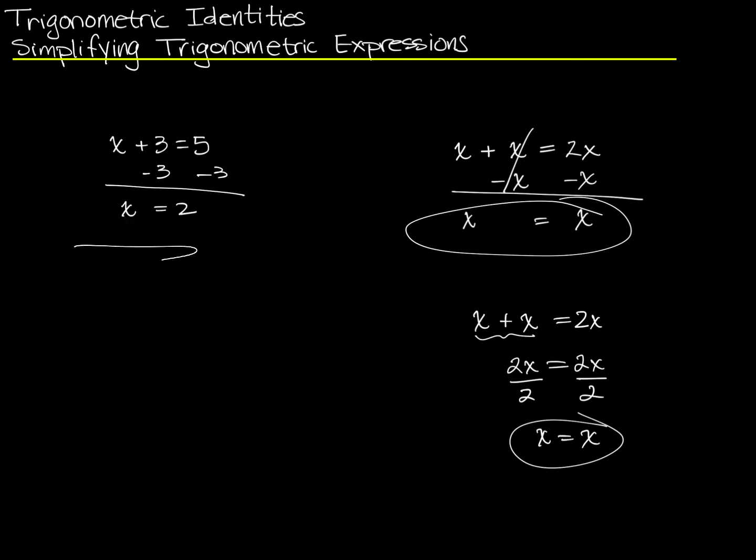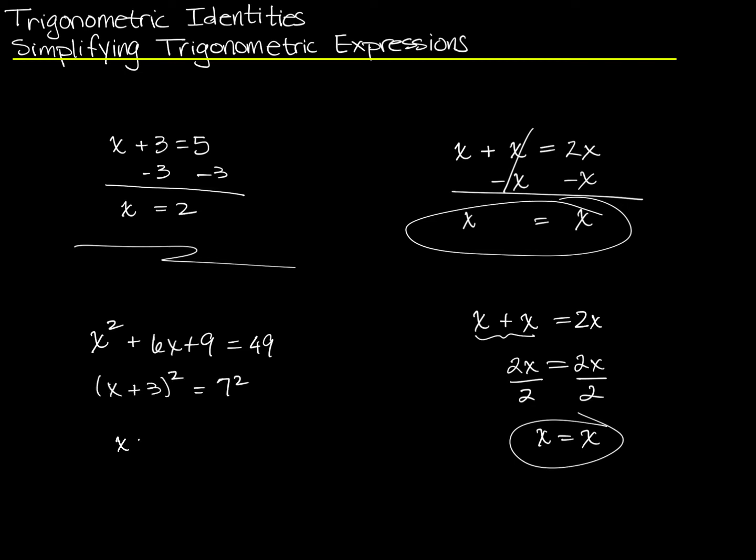If I had, for example, x squared plus 6x plus 9 equals 49, then I could start by trying to subtract 9 from both sides, but I'd end up with an x and an x squared, so that's not going to work for me. I don't know if you remember this from algebra, but if I factor this, I get x plus 3 quantity squared. The right-hand side is 7 squared.